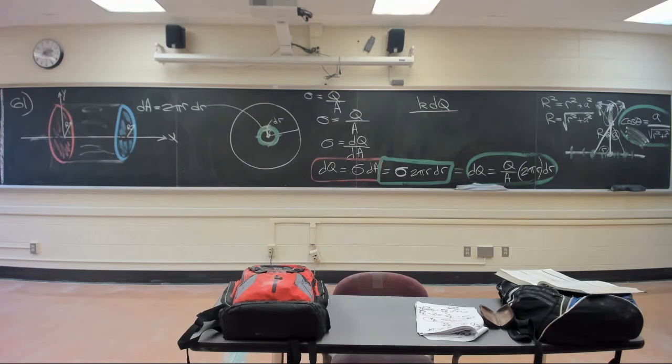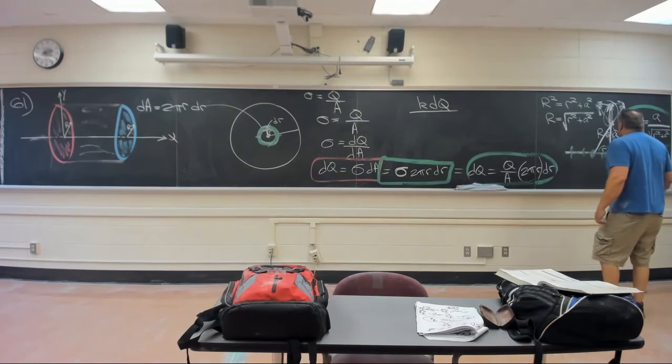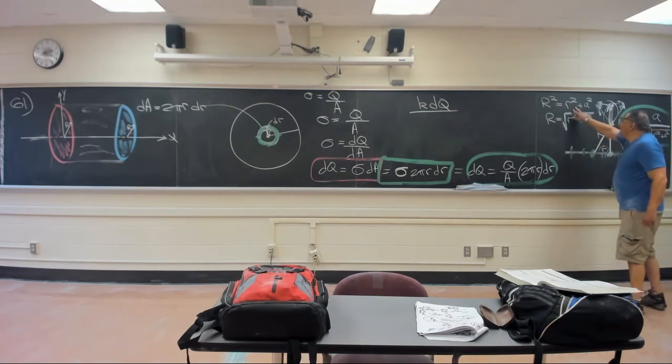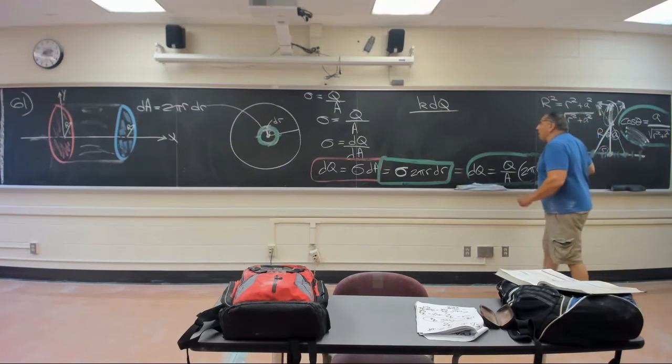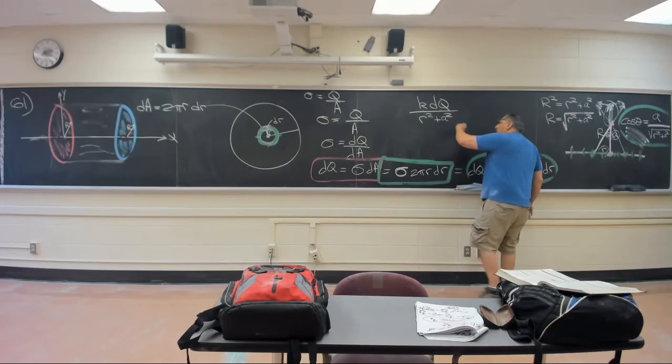So on and so forth. So what you have is k dq over R squared. What's R squared? The big R squared is small r squared plus the constant a squared.